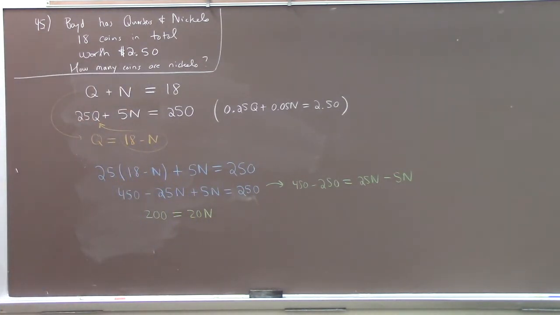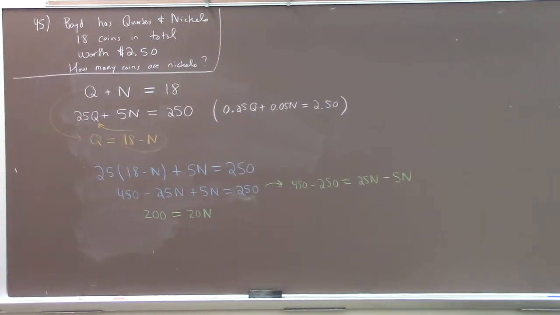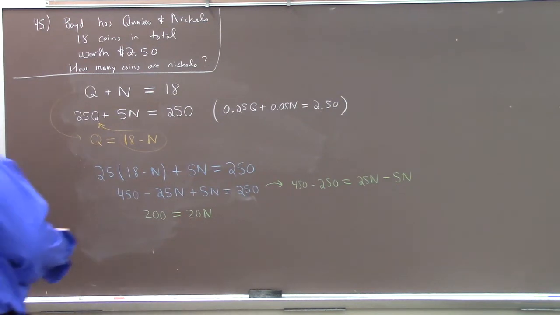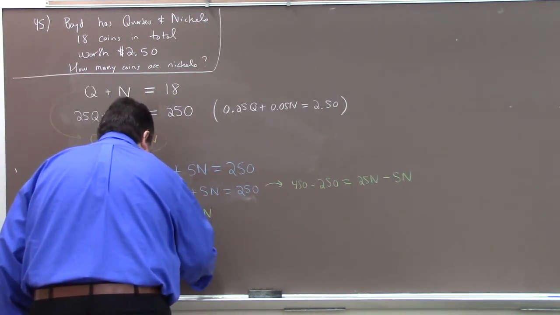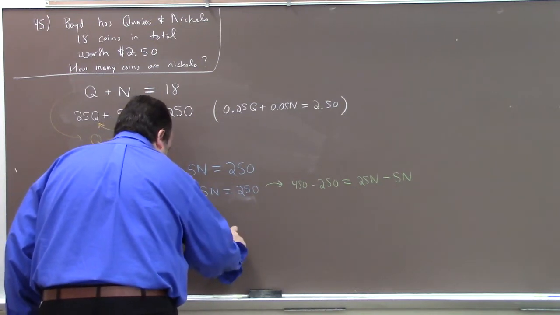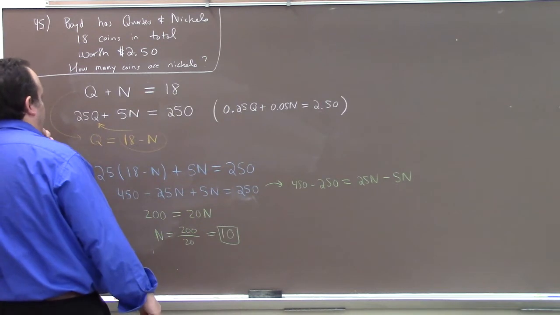So what's N equal to? 10? Yeah, 200 over 20 is 10. So how many nickels were there? There were 10. So how many coins are nickels? 10.